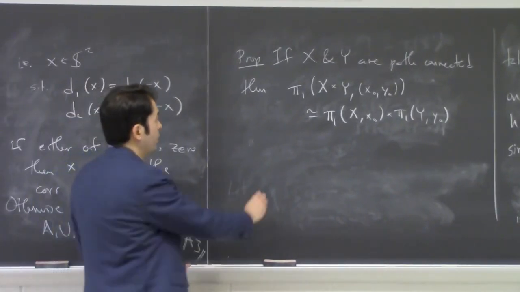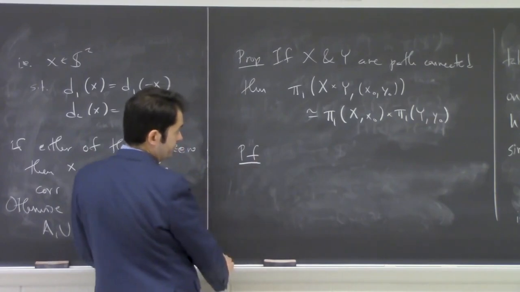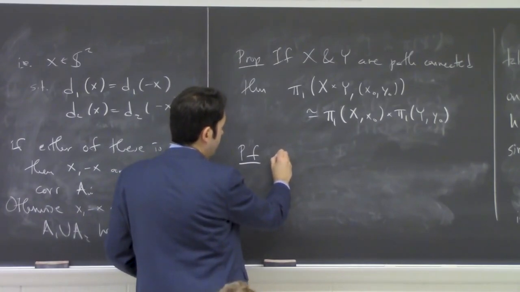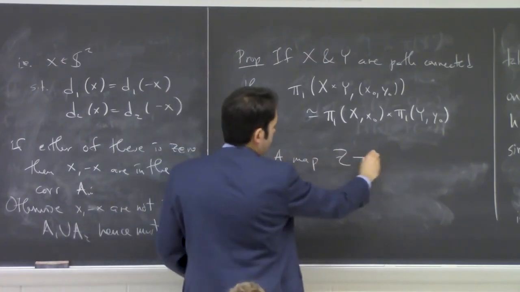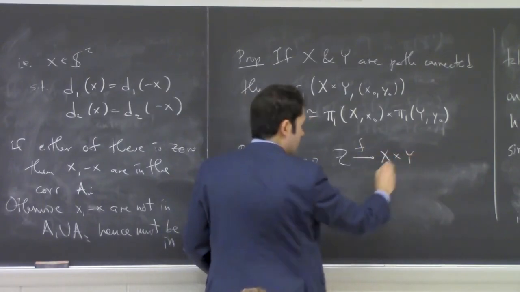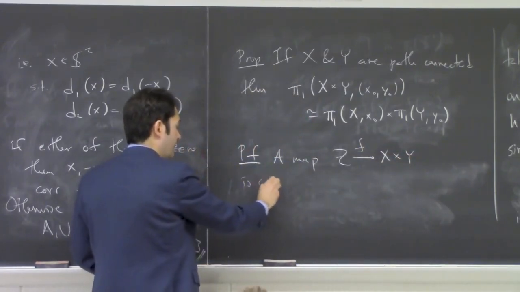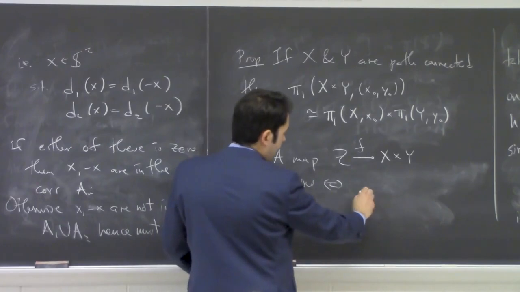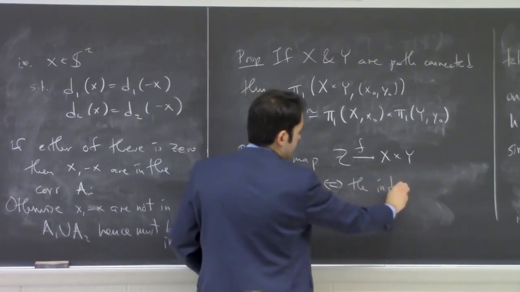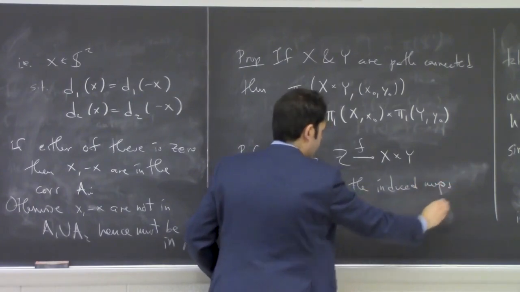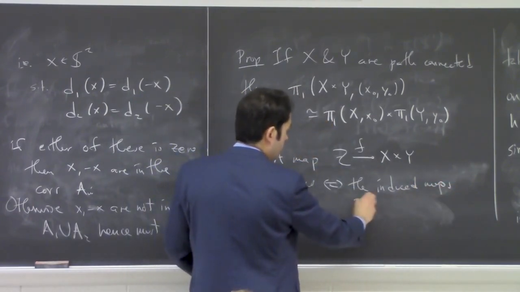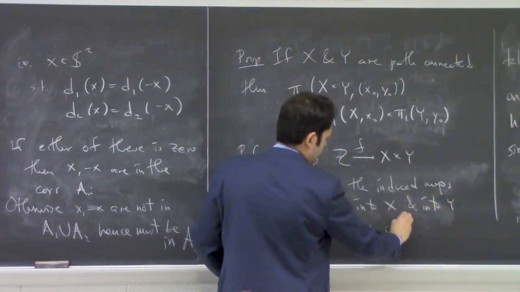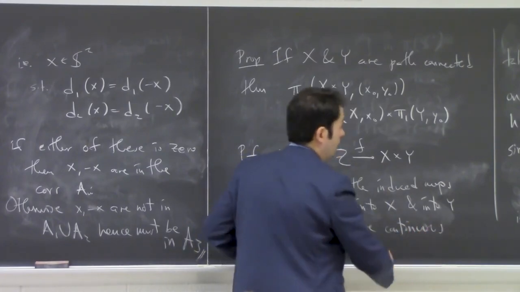Okay, so this is nice and easy because a map into X times Y is continuous if and only if the induced maps into X and into Y are continuous.